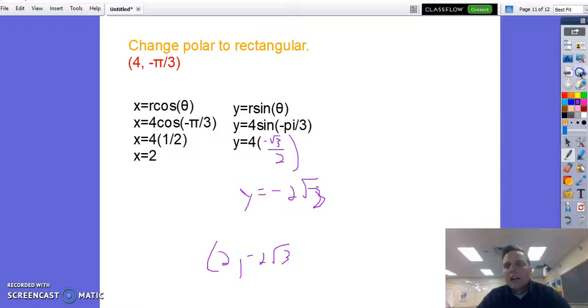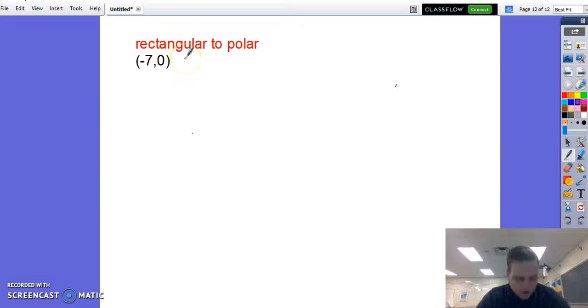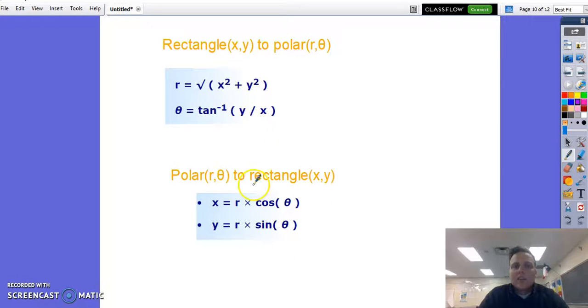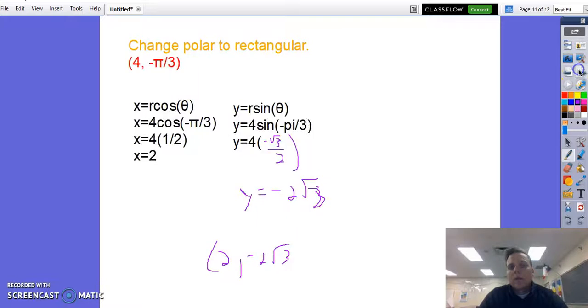Okay? Now let's do another example. Let's change a rectangular point, negative 7 comma 0, to a polar point. And I think you'll be a little shocked at this answer. So first, let's jump back a couple slides. We know to change to polar from rectangular, r is equal to the square root of x squared plus y squared.